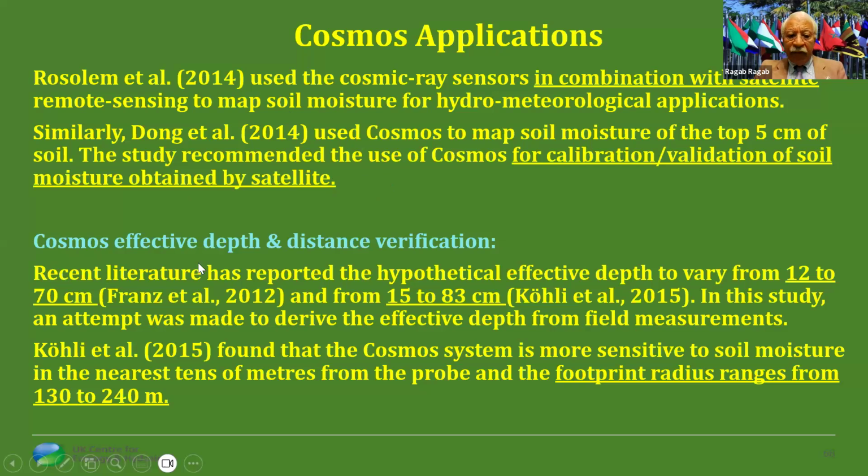When it comes to the Cosmos effective depth and distance verification, there were some papers indicating the effective depth could be from 12 to 70 centimeters, and from 15 to 80 centimeters in other publications. And related to how far the Cosmos can sense, some people found it from 130 to 240. In the UK, they use up to 60 meters distance of sensing for Cosmos.